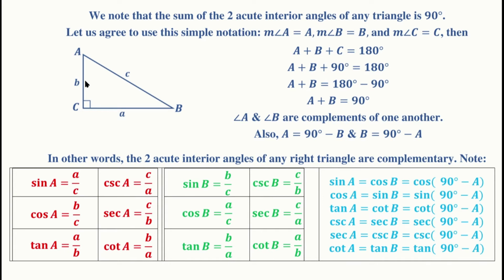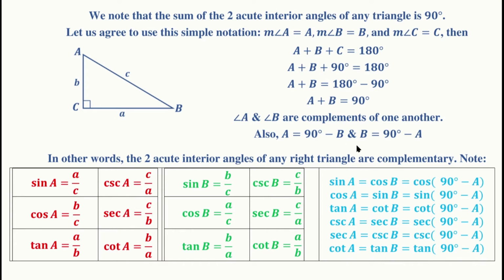This is what we discussed in words. Now you can see it laid out here algebraically. So this tells you that angle A and angle B are complementary. Remember, when the sum of two angles is 90 degrees, we call them complements of one another, right? And of course, A is 90 minus B and B is 90 minus A. This is a mutual relationship.